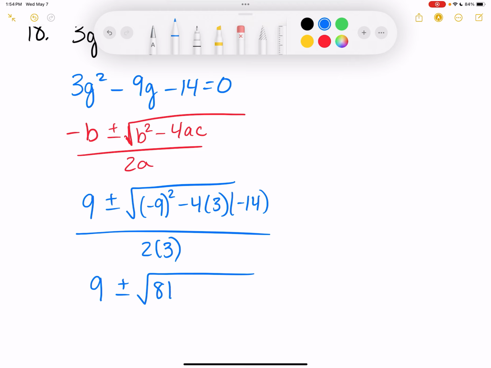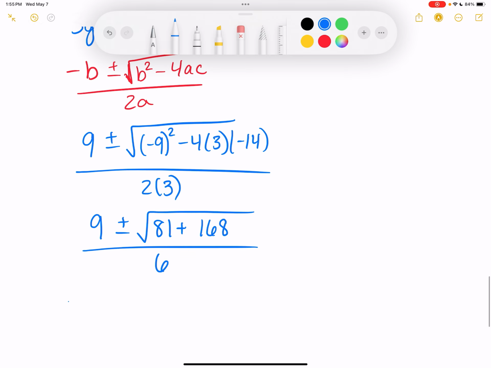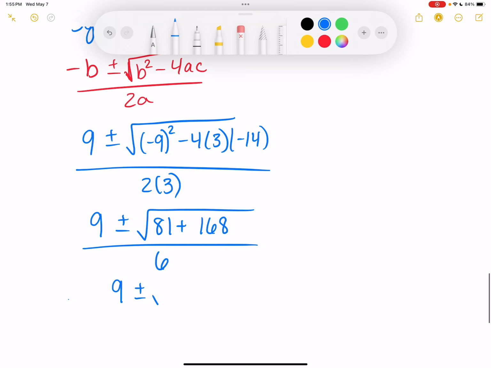And then negative 4 times 3 times negative 14. 12 times 14 is 168. Over 6. 81 and 168 is 249.